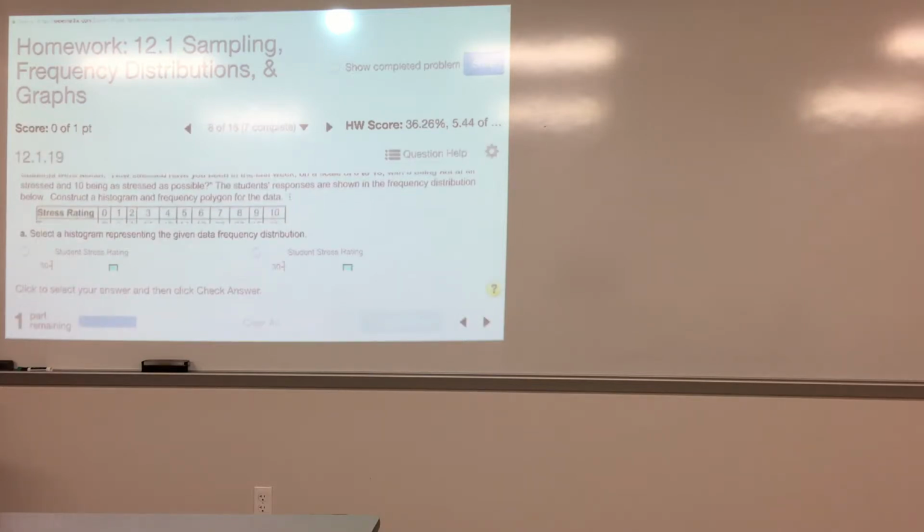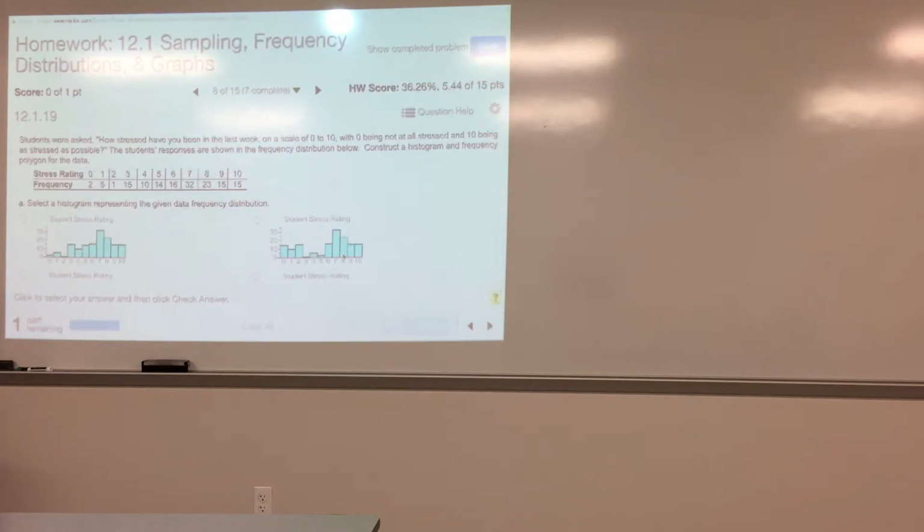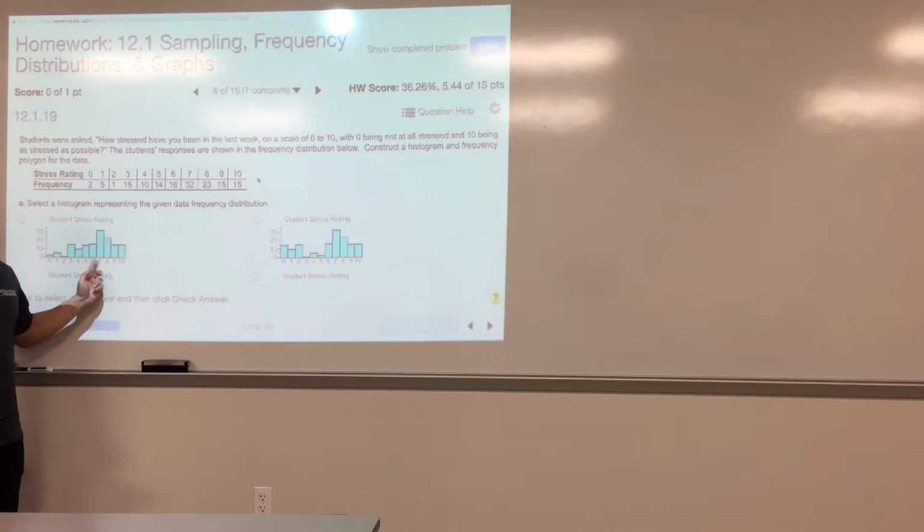Okay, moving along here. Here's that stress frequency distribution, right? So just another scenario here. But this time what they do is they ask you to graph it, okay? And a graph, when it comes to frequency distributions, is known as a histogram.